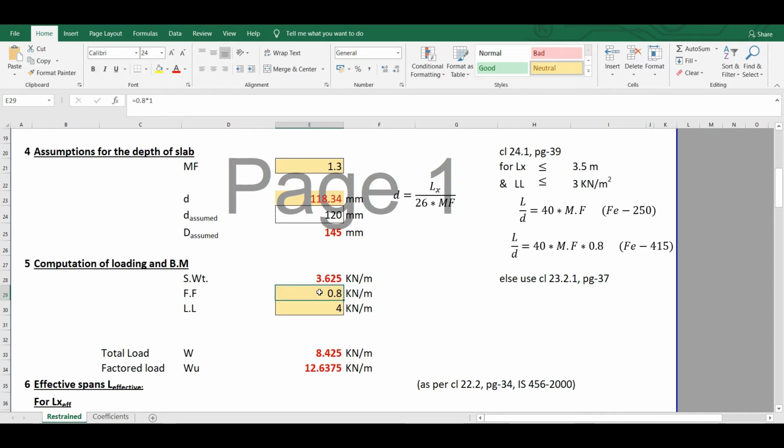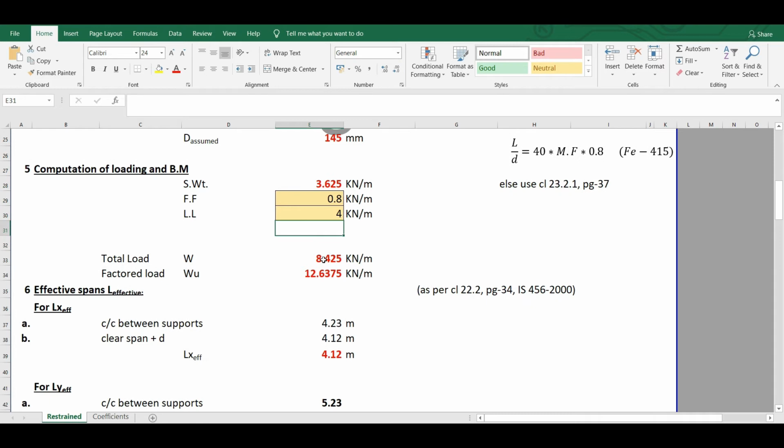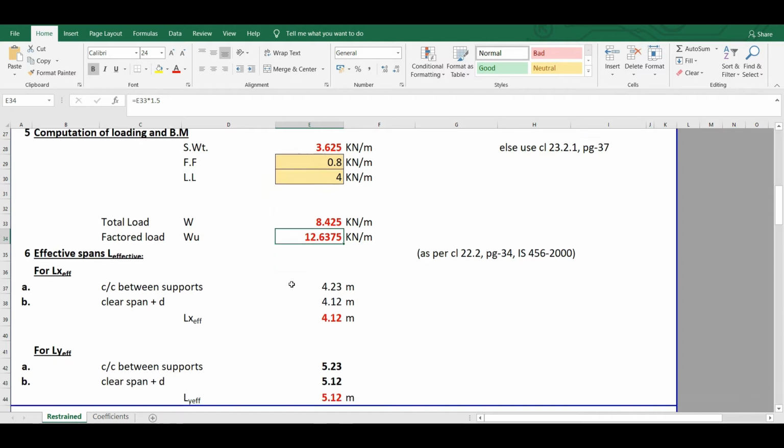I've assumed the floor finish as 0.8 and the live load as 4 kN per meter square, and I have multiplied it by 1 because we are calculating the reinforcement for 1 meter width. So the live load is 4 kN per meter. The total load is 8.425 and the factored load is 1.5 times the total load.